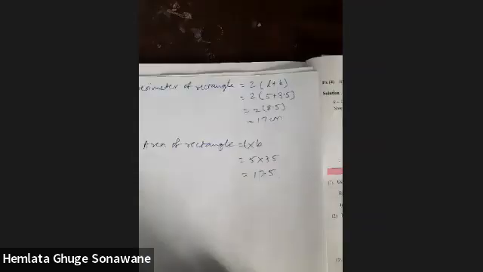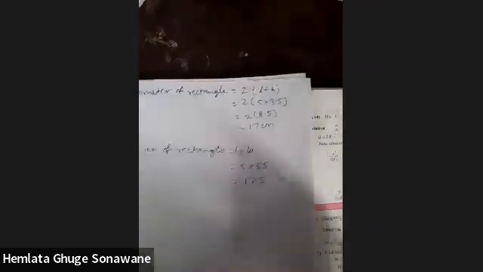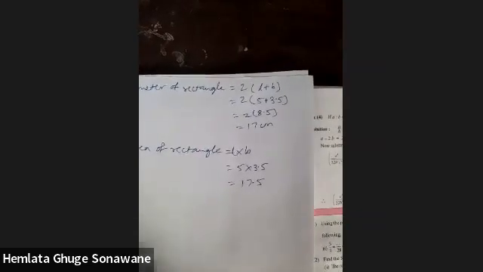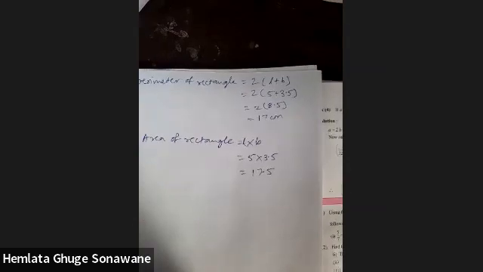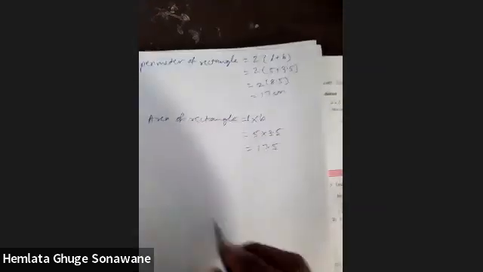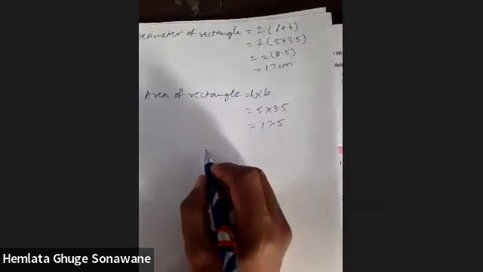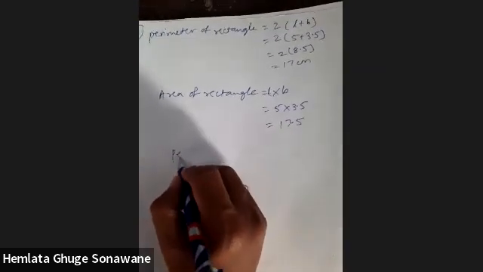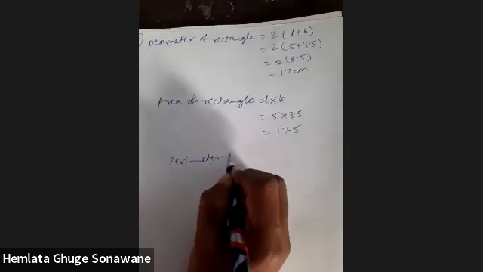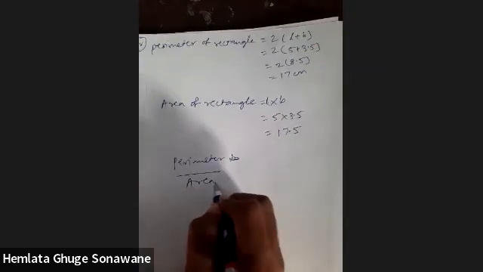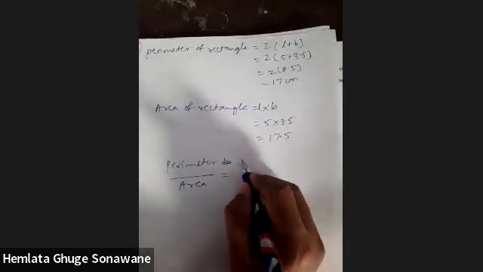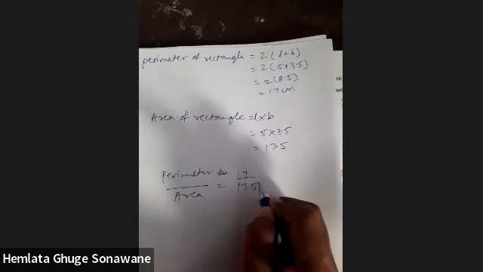Now the ratio of perimeter to the area of a rectangle we have to find out. That is perimeter to area, that is 17 upon 17.5.